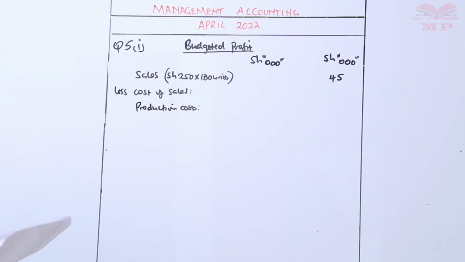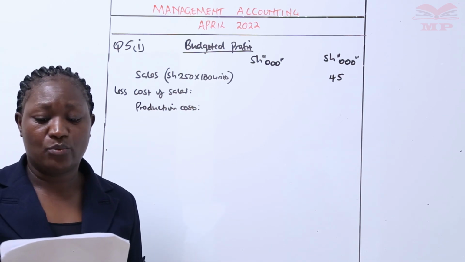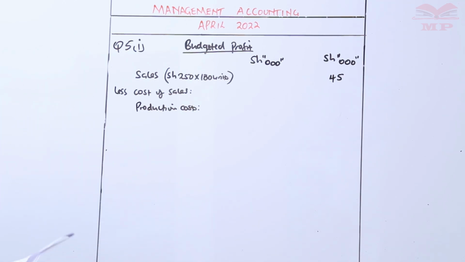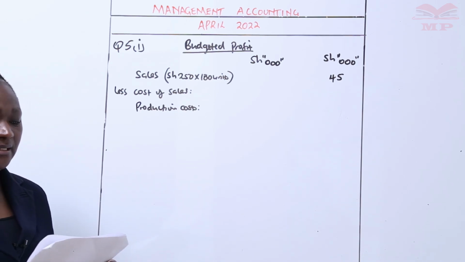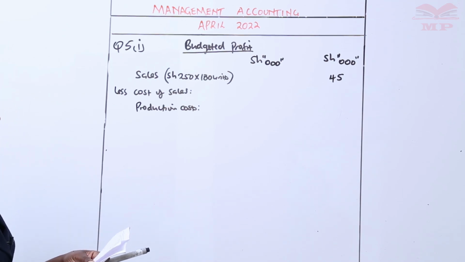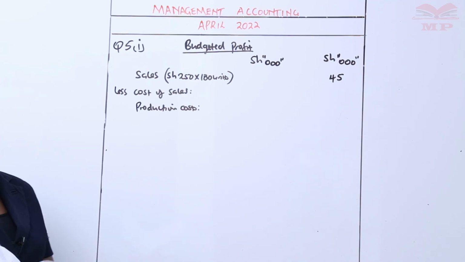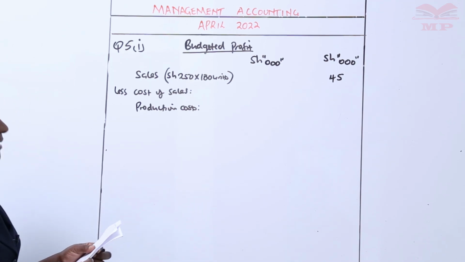But if we use absorption costing, then we need both fixed and variable. We have not been directed which method to use. Based on the standard cost card we've been provided, we have both the fixed production and the variable costs, so we can use the absorption costing method.